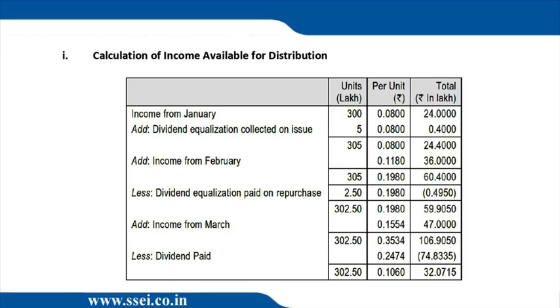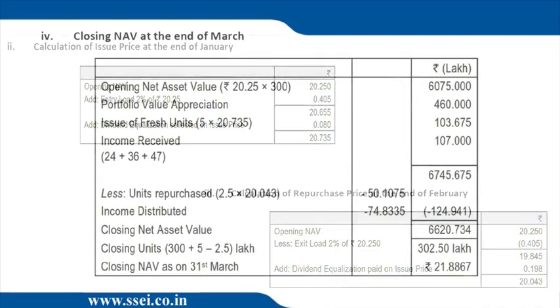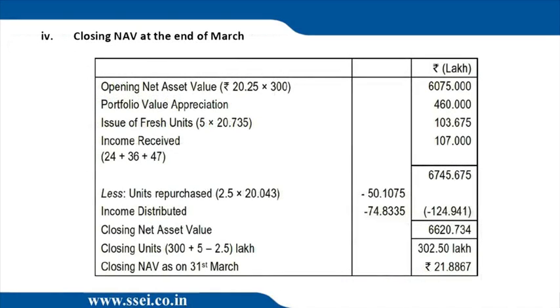I have already discussed the second part, the issue price in Jan, and I have also discussed the third part, that is the repurchase price in Feb. So the last part was how to calculate the ending NAV. That's very easy. Start with the opening NAV. Let's look into the solution. So the opening NAV is 300 lakh units into 20.25. Look at the solution, please. The value appreciation, it's given.